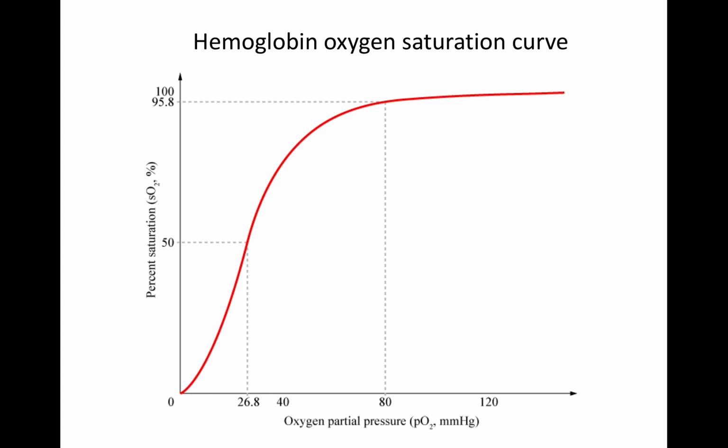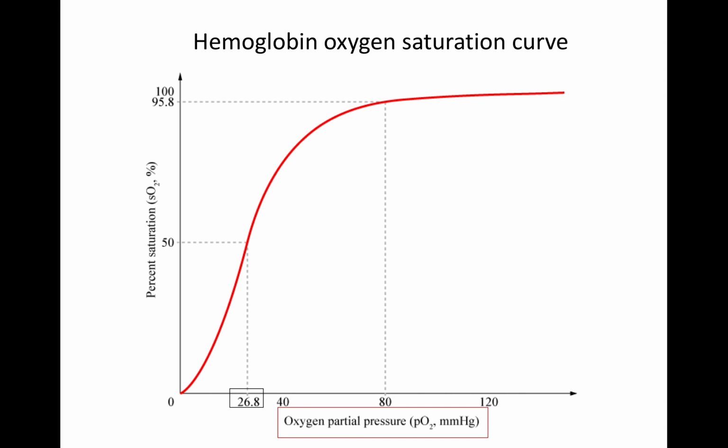Or to put it another way, if there's more oxygen, the partial pressure is higher, then more of that is going to be bound to hemoglobin. So if you look at the bottom axis here, the x-axis, you can look at the partial pressure of oxygen. Again, those values are increasing. And as they increase, shown here with this S-shaped, sigmoidal curve, as the partial pressure increases, the amount of hemoglobin that's saturated with oxygen also increases.